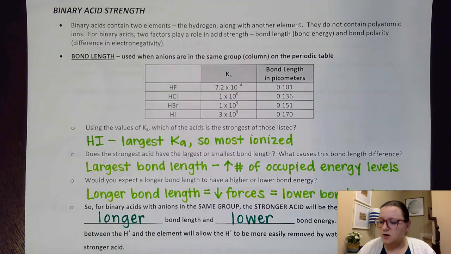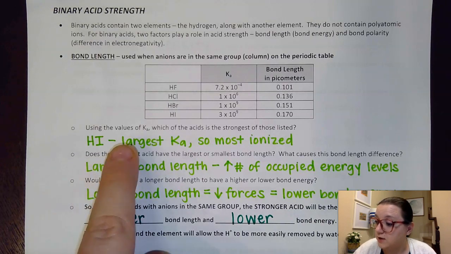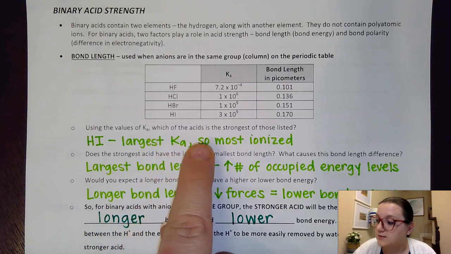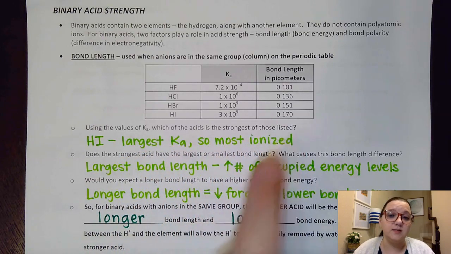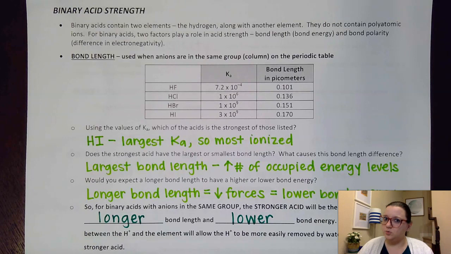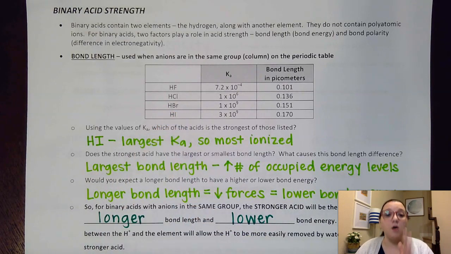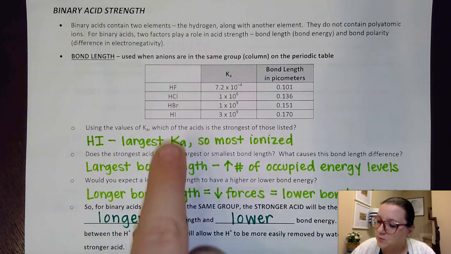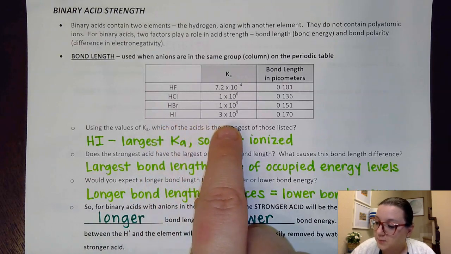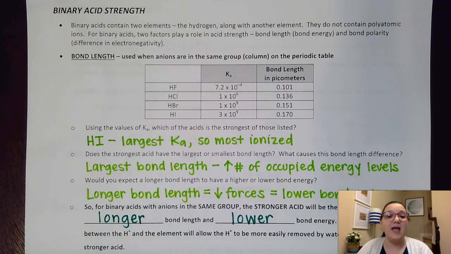So they start us off here by asking, using the values of Ka, which of the acids is the strongest of those listed? Well, most of you should know that hydrochloric, hydrobromic, and hydroiodic are all considered strong acids. But if you look at which one is the strongest, that would be the hydroiodic, because it has the largest Ka value.